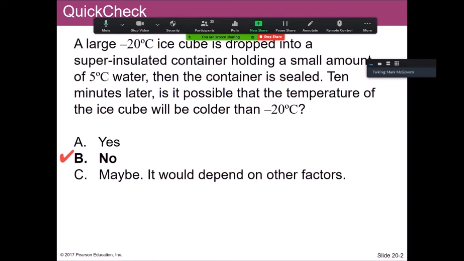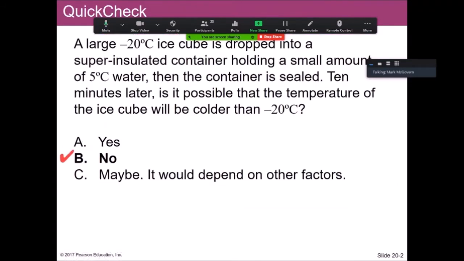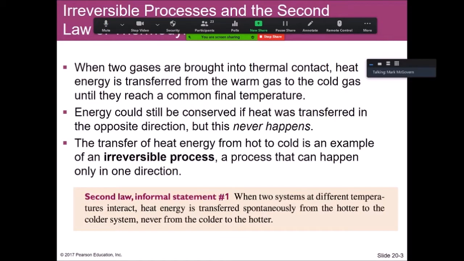It's certainly possible. But if you don't have a lot of water, the water's going to cool down to probably 0, and the ice may heat up. It's possible the ice grows a little bit in mass. That's a possibility, I guess. Again, it depends on the quantities. But without any other knowledge, then we can say no.